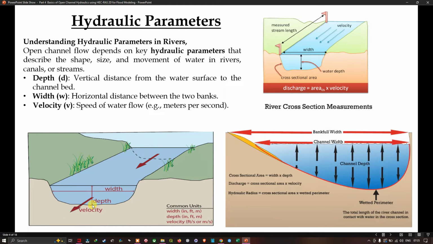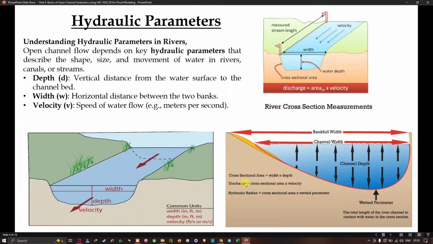So to calculate the cross-sectional area, we use width multiplied by depth. The next step, to calculate the discharge of the river, is to use the cross-sectional area multiplied by velocity, which gives us the discharge.